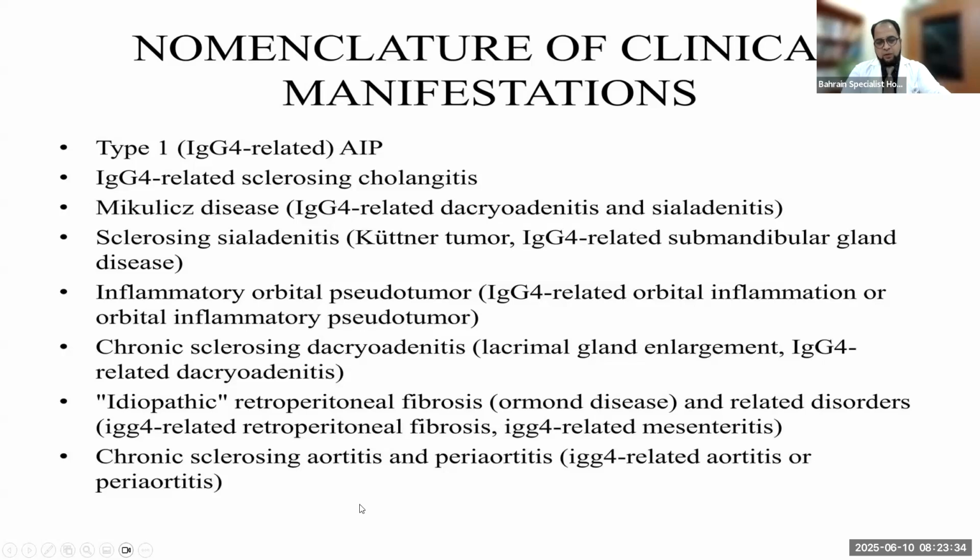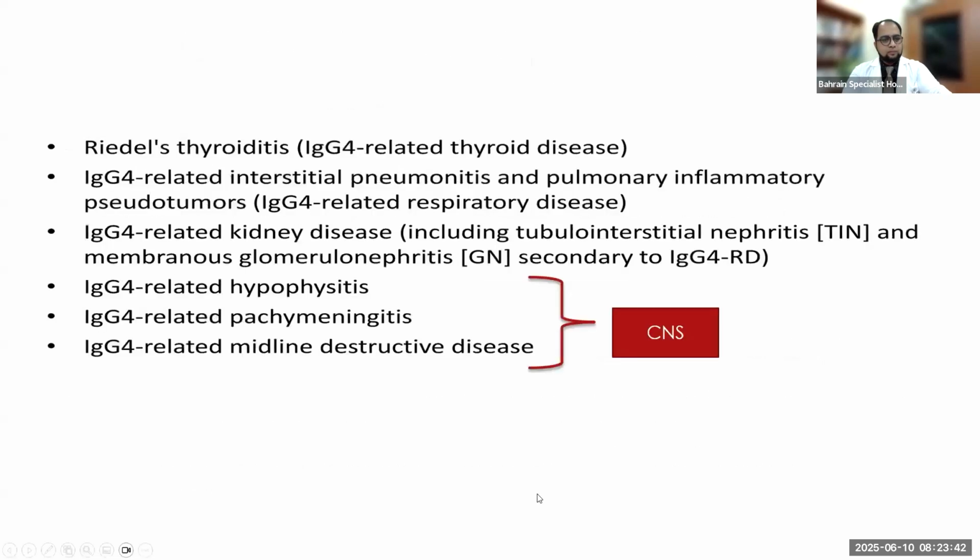Chronic sclerosing arteritis and periarteritis are currently called IgG4 related arteritis and periarteritis. Riedel thyroiditis, as it was earlier called, is now called IgG4 related thyroid disease. And there is lung involvement, where the current nomenclature is IgG4 related respiratory disease.